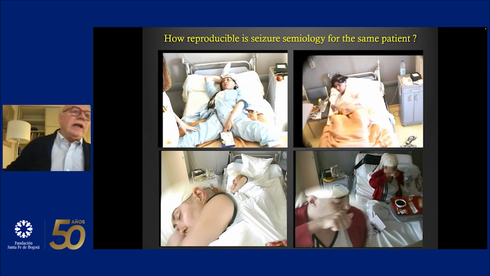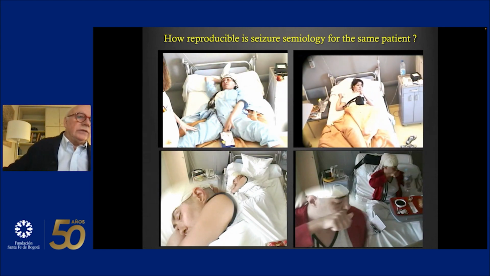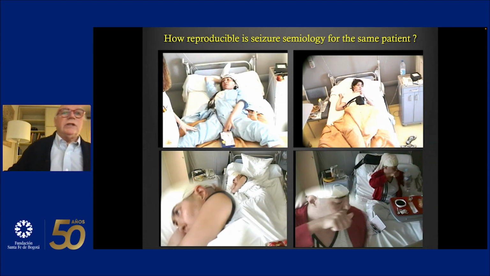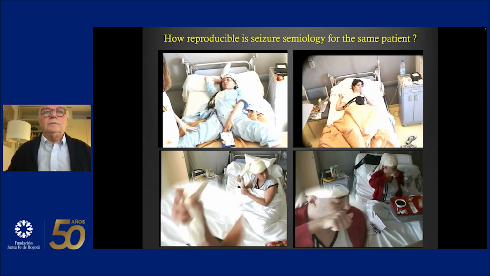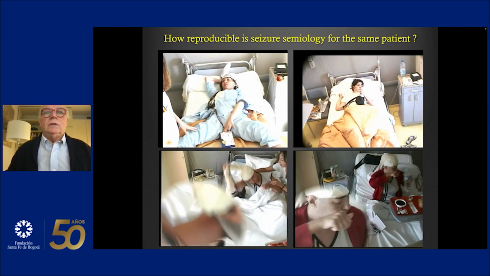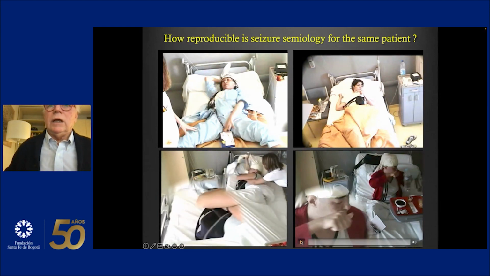So you see there is a variation, but it's the same. Sorry, I will now try to show you this. So this is another seizure in the same patient during ECG now. And another one.